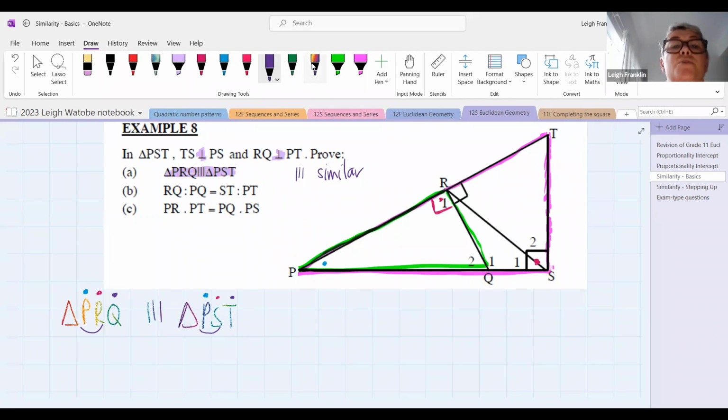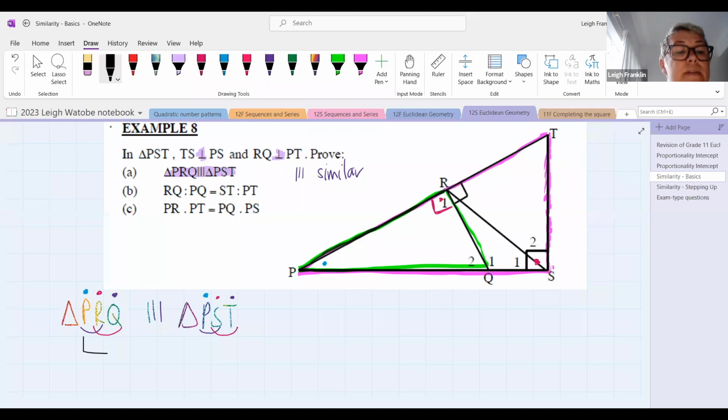The same thing works with the other combinations of the letters. So RQ corresponds with ST. RQ is this side over here, it's opposite angle P, and ST is this side over here, it's opposite angle P, and they're the same size. And then we can do first and last.